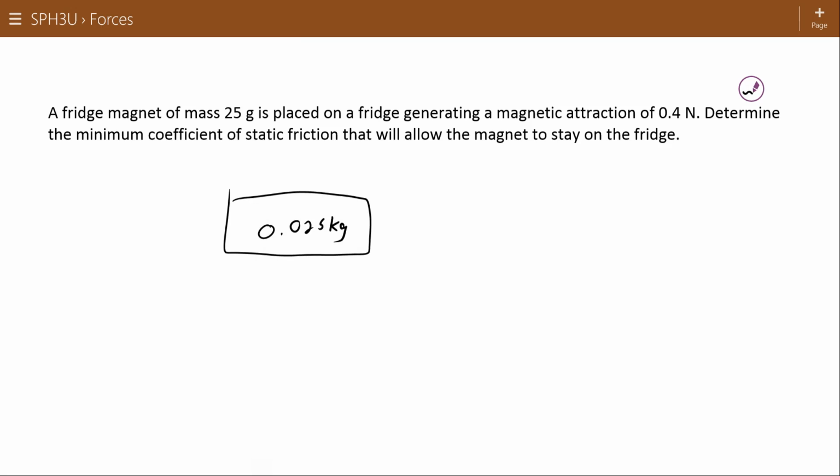I know the dimensions don't look right, but it's hard to draw and put that mass in at the same time. It's attracted to the fridge with 0.4 newtons, which means if it wants to go that way that badly, if we think about this as the force of attraction, then what is the force that's keeping it from moving into the fridge, or keeping it from becoming part of the fridge door? And that force is a normal force.